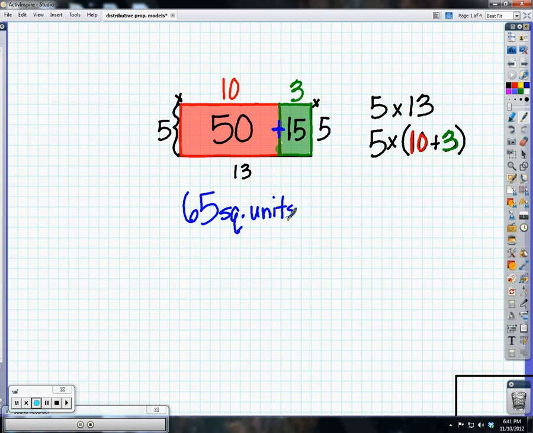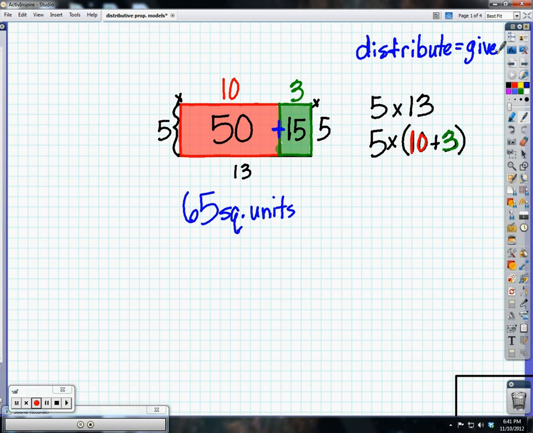Now, over on the demonstration of the distributive property, we are basically going to do the same thing that we saw in the model. I always tell students when they think of the distributive property to think of the word distribute and what it means. When you distribute something, that means you give it.